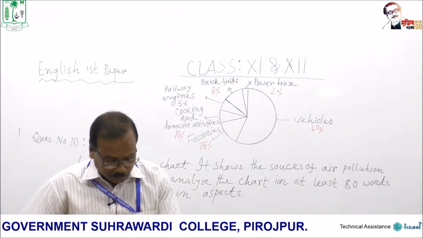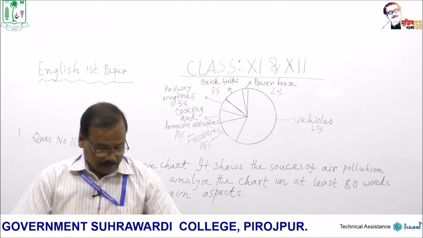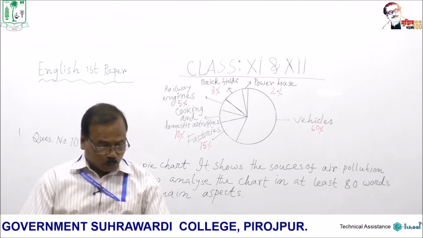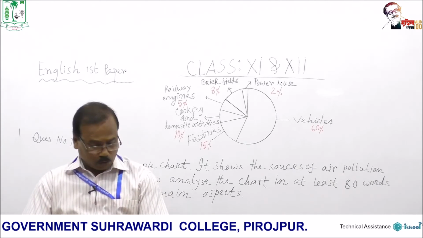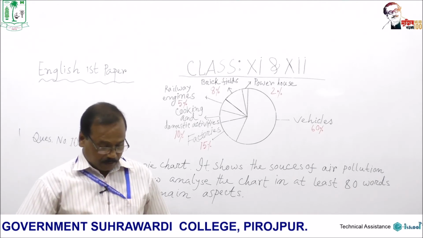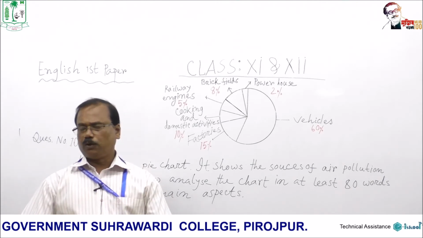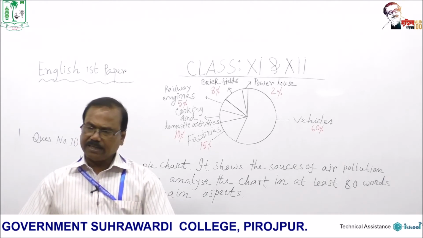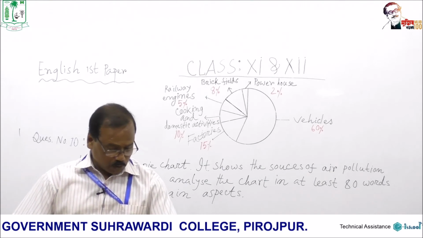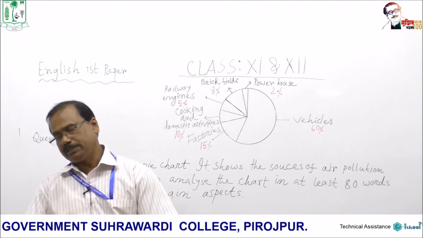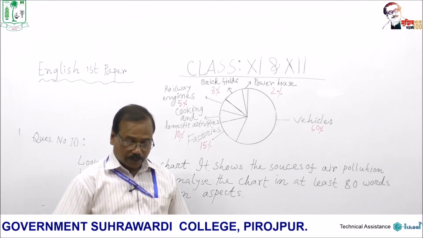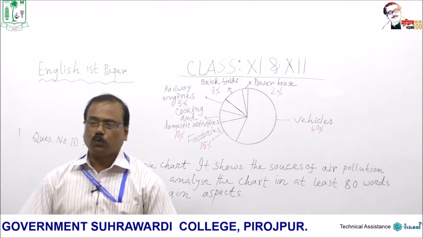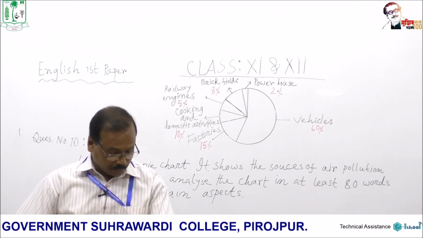smoke emitted from different vehicles is mainly responsible. So it is clearly seen that smoke emitted from different vehicles is mainly responsible for air pollution in a city.